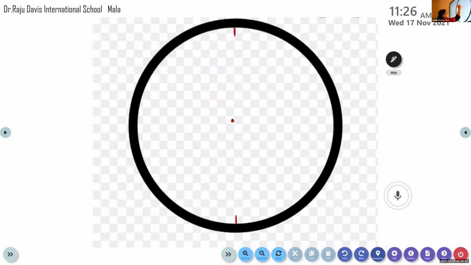Then we have to go to the sides. At this point, correct, right side straight, you have to mark a small line. And at this point on the left side also, one mark should be there. So now we marked 4 lines: top, down, right, and left.